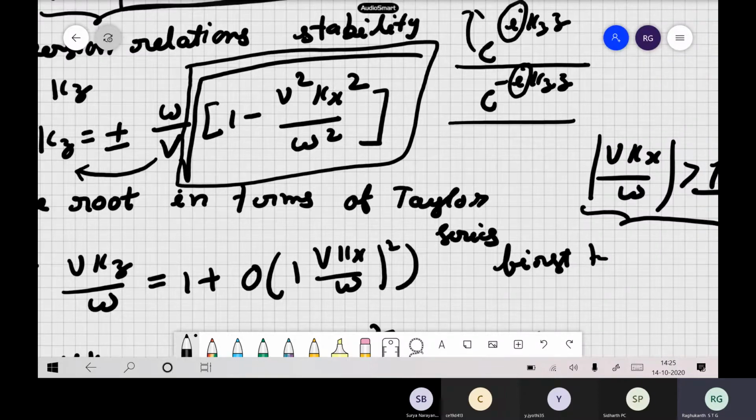See here, what happens when this entire expression is greater than 1? Then 1 minus that term will be negative. What is the square root of a negative? We'll get a complex variable.